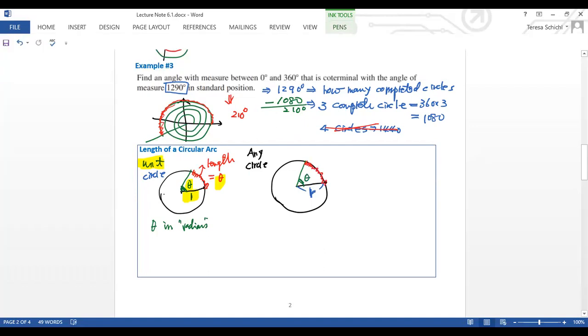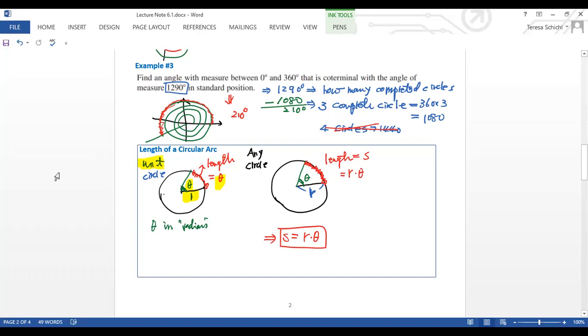From the definition, the length is equal to theta for the unit circle. Because your radius changes, it will just be r times theta. And the length we define as s. So that's why we have this very good formula: s equals r times theta.